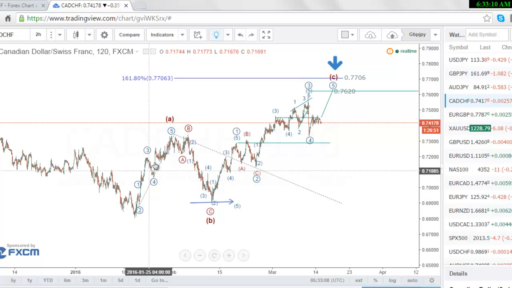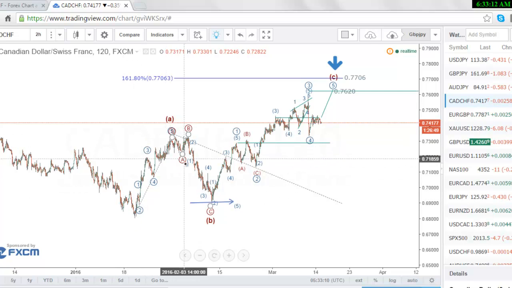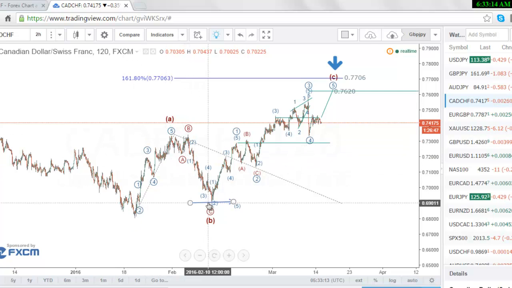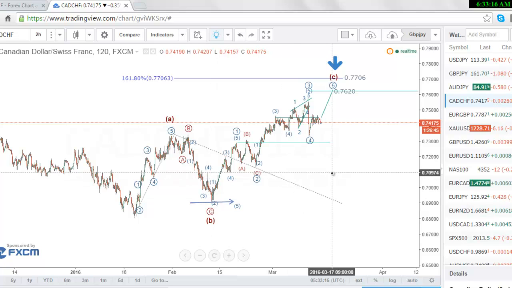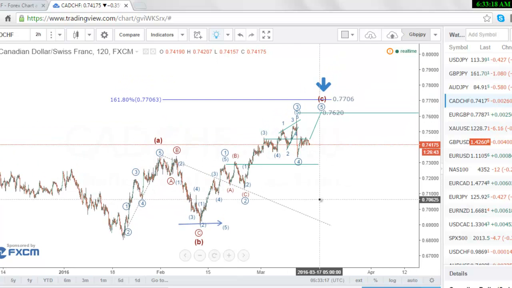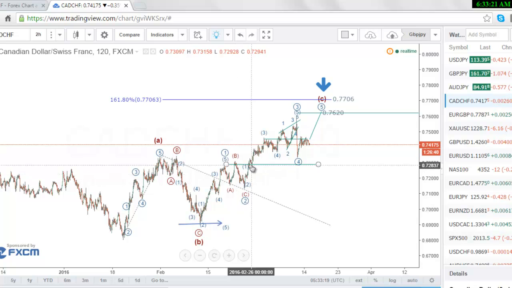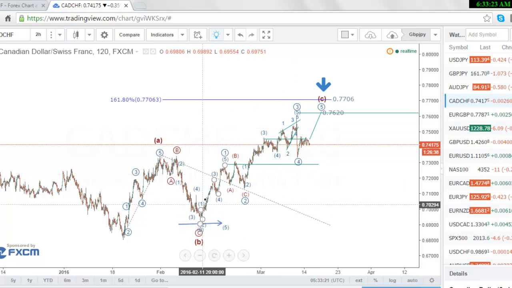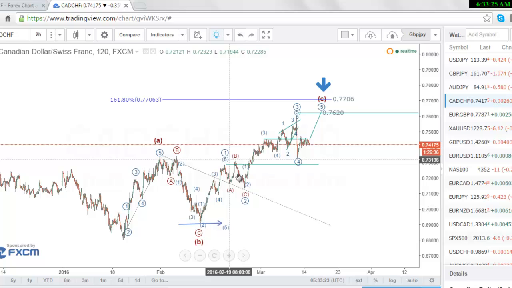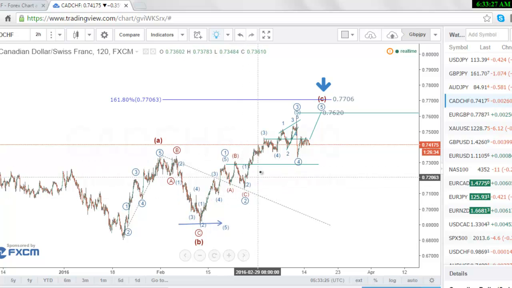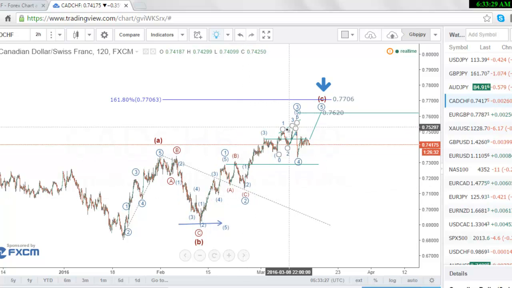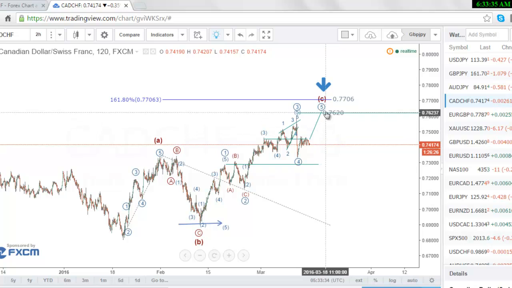Okay, look at the first leg is a 5-wave structure, the second leg is an ABC, okay, zigzag, and then the third structure is expected to be a multi-wave, and this looks like an impulse wave 1 to 5 here, which is the wave 1. This is the second wave, this is the third wave with this diagonal, and then what we are having now is the fourth wave.